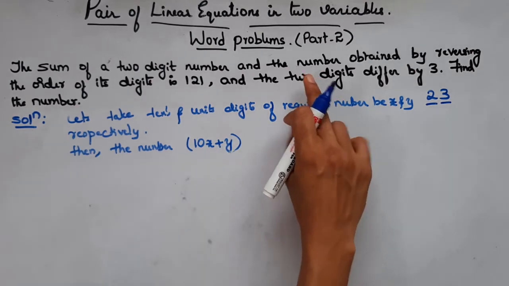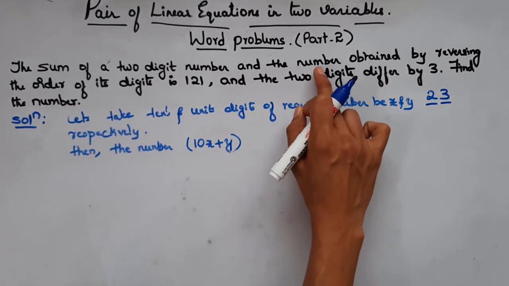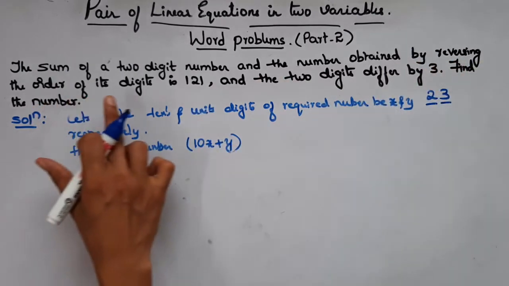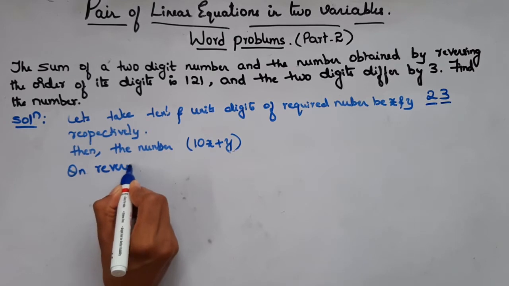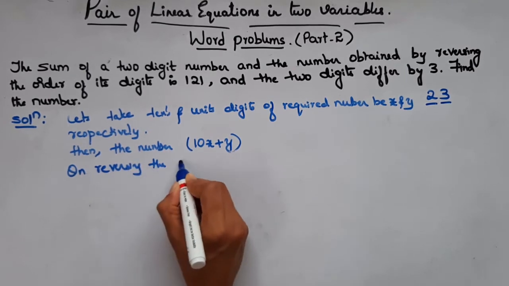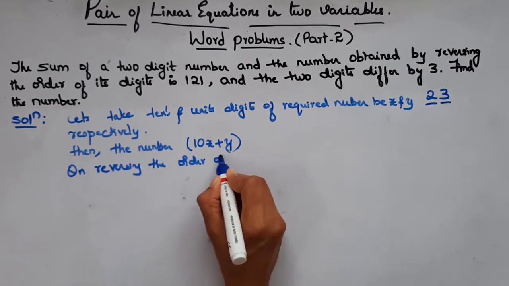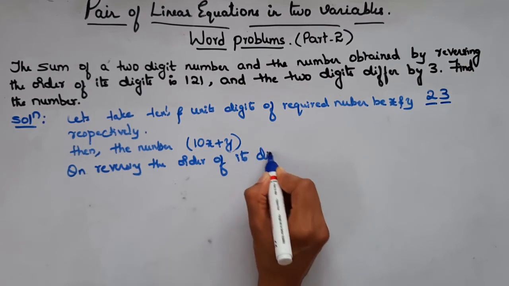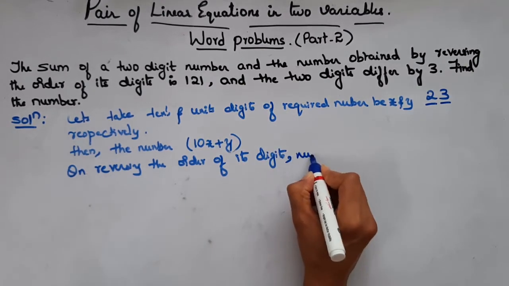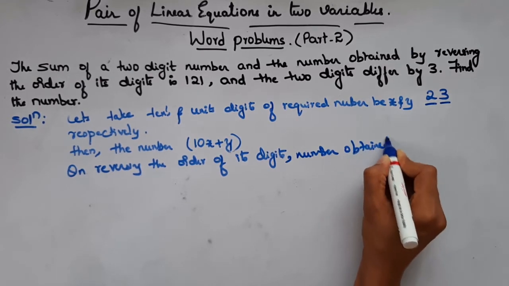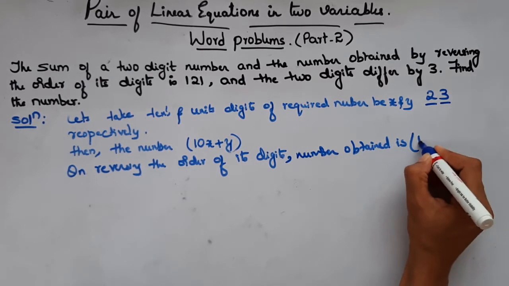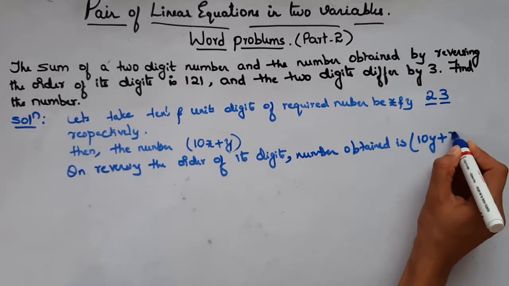Agreed? So the second part is we have to find the number which is obtained by reversing the order of its digits. So on reversing the order of its digits, the number obtained is 10y plus x.